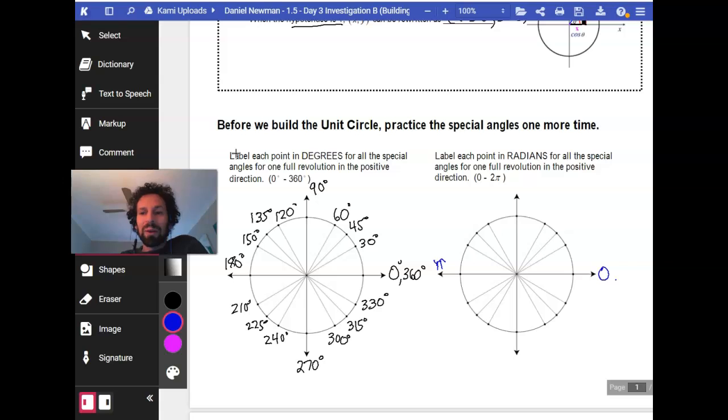If we go all the way around, we get to 2 pi radians. And then we're just splitting the half circles into fractions of pi. So we have pi on the left, so halfway around will be a half pi, or pi over 2. And on the bottom will be 1.5 pi's, or 3 pi over 2.